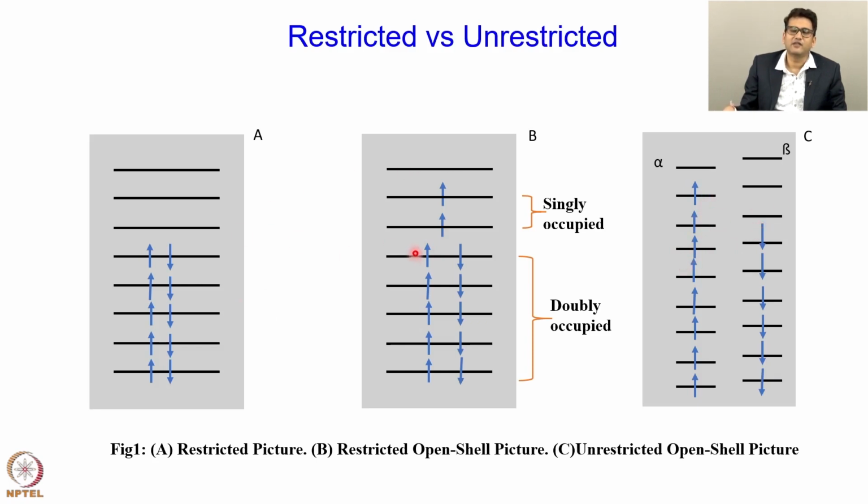And there is a third case where the number of alpha and beta electrons are different, but for a certain number, the doubly occupied part, the spatial part is the same, that is restricted open shell orbital. Remember, even for the same number of alpha and beta electrons, you can actually use unrestricted orbitals. That can lead to some different properties, but in principle there is nothing which stops you from using unrestricted orbitals for an even number of electrons.